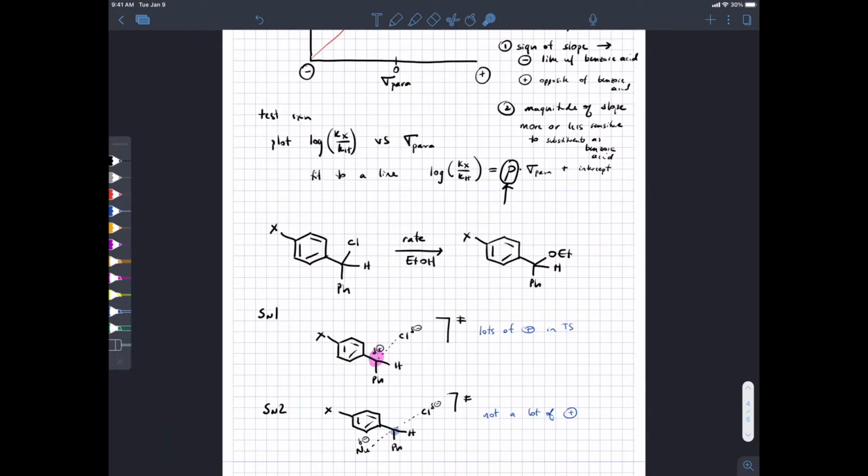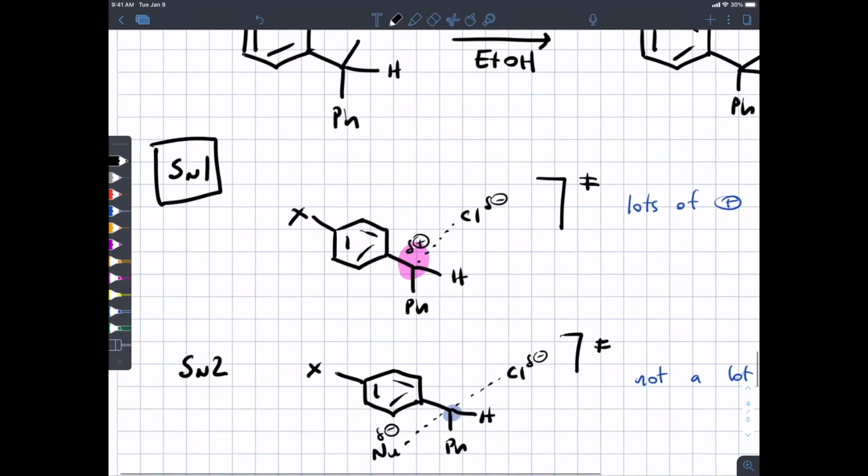Does an electron donating group make the reaction more or less favorable? For the SN1 reaction, if you have an electron donating group here, do you expect that to make the reaction faster or slower? Slower? Faster? Think through it.